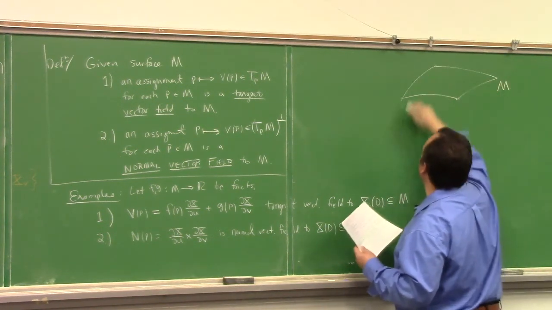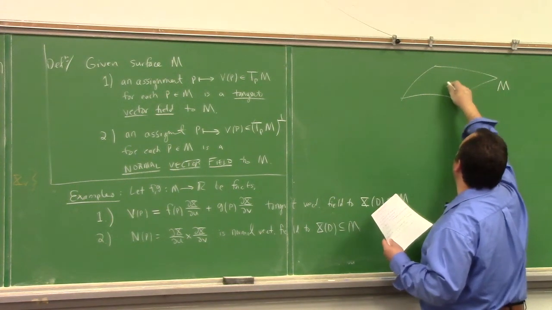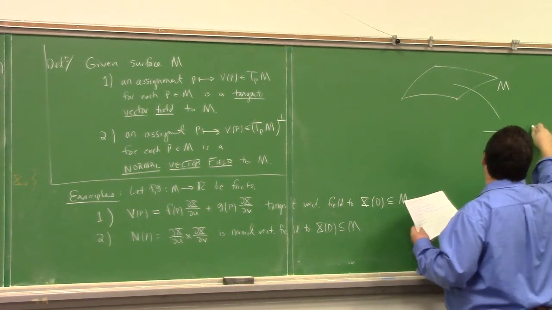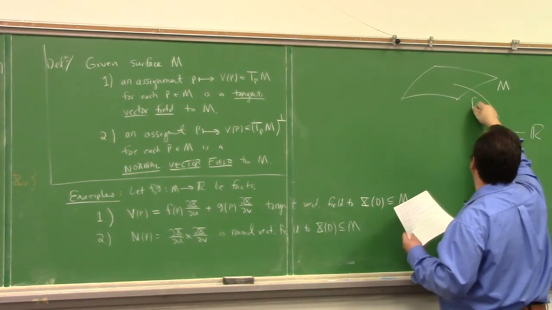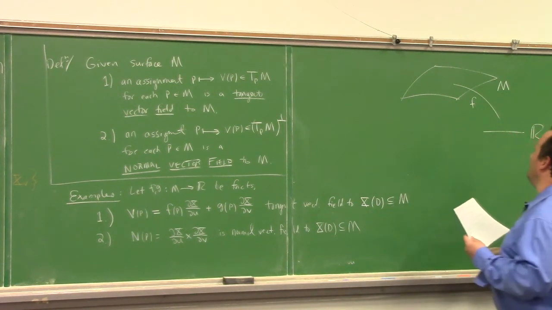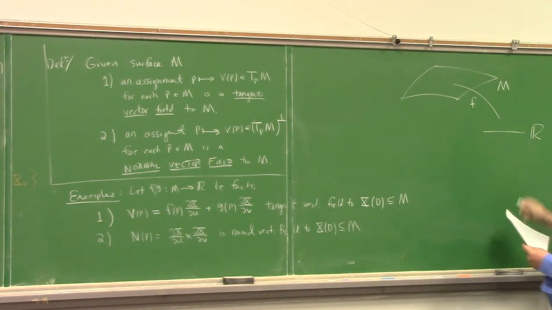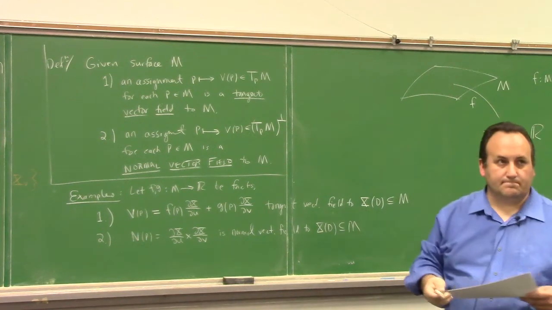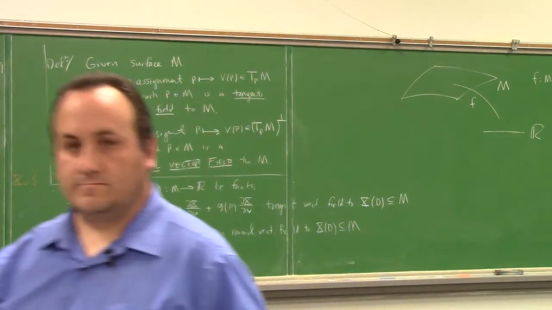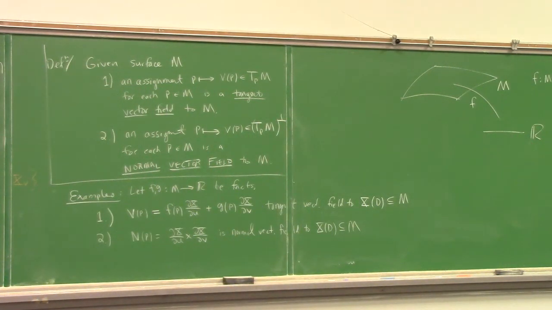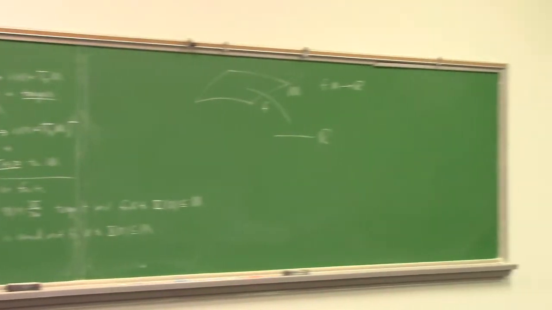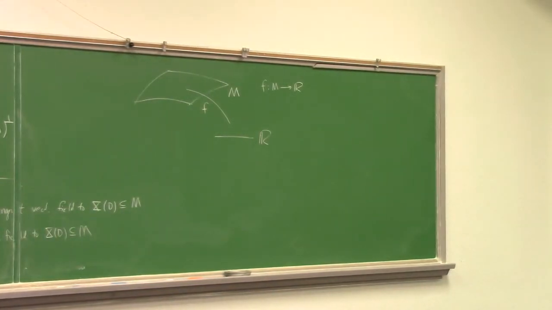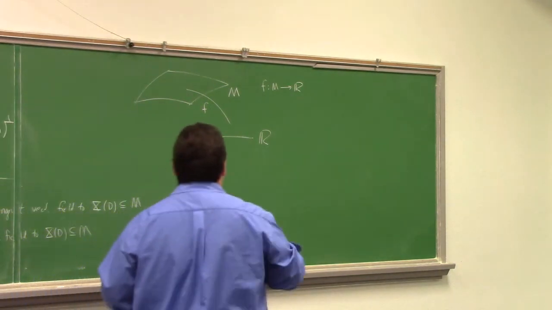Here's M, the surface, right? And suppose you've got a function to the reals, right? What do we mean to say that that function on the surface is smooth? What's that mean? So here's how we understand this function being smooth.